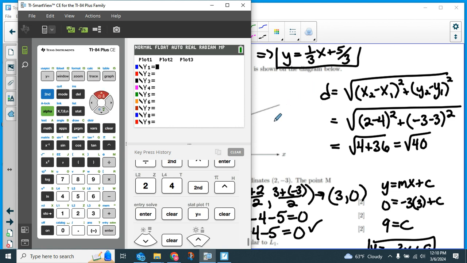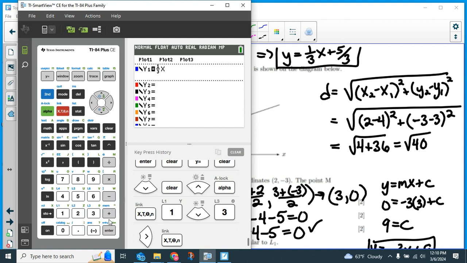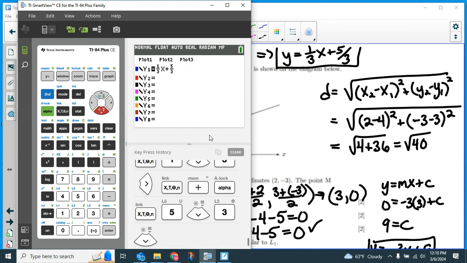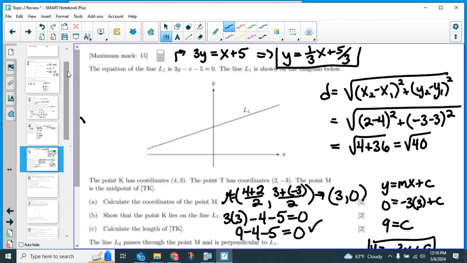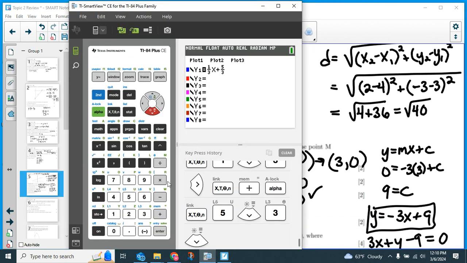In y1, I have 1/3 x plus 5/3, and in y2, I have -3x plus 9.